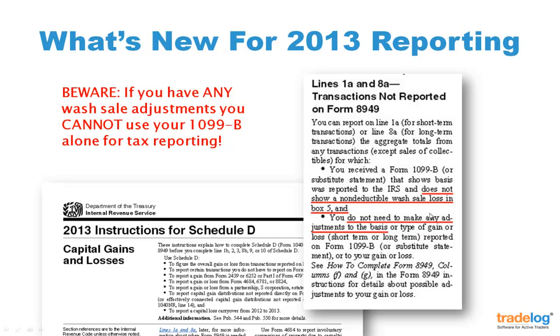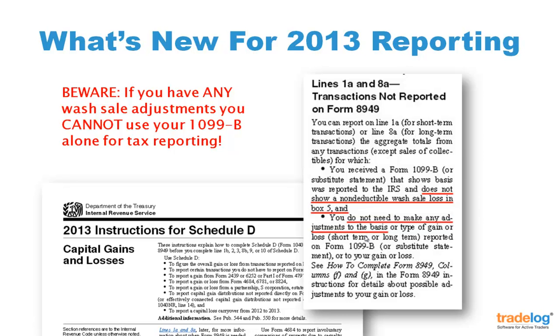In other words, when you look at your 1099-B, if your broker made even one wash sale adjustment on that 1099-B, you cannot use lines 1A and 8A. In addition, the second requirement is that you do not need to make any adjustments to the basis or type of gain or loss, and it refers you to the 8949 instructions.